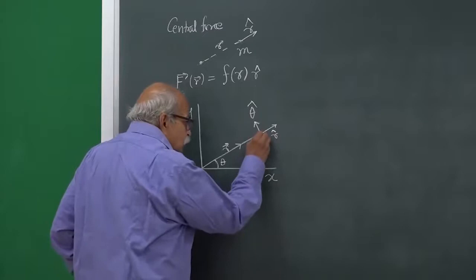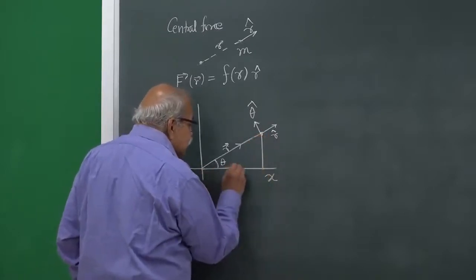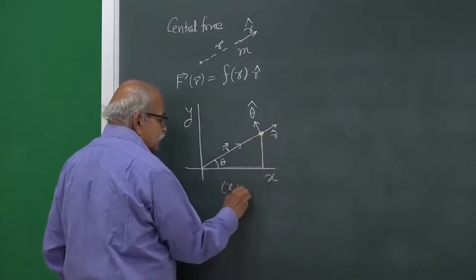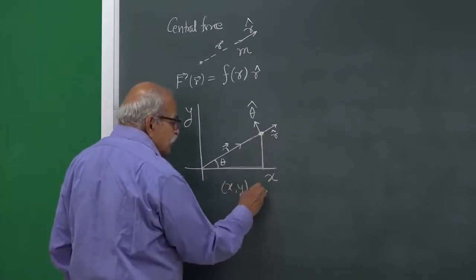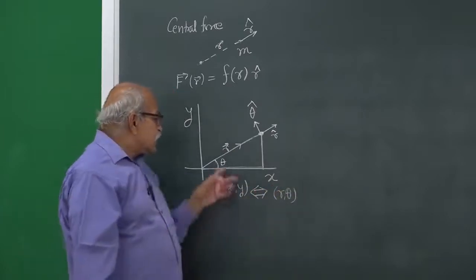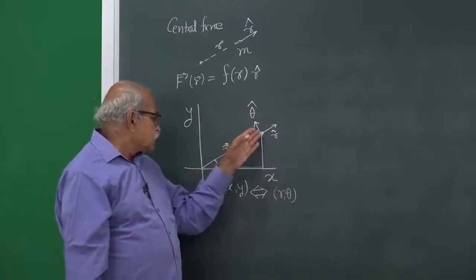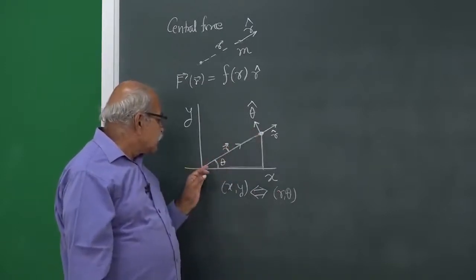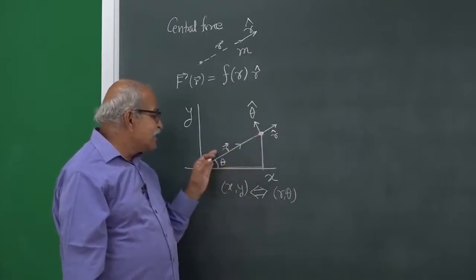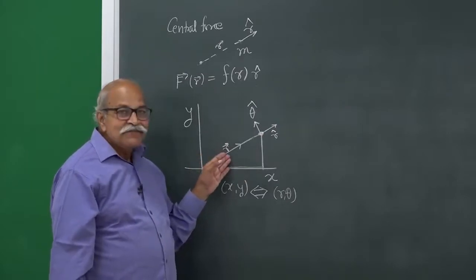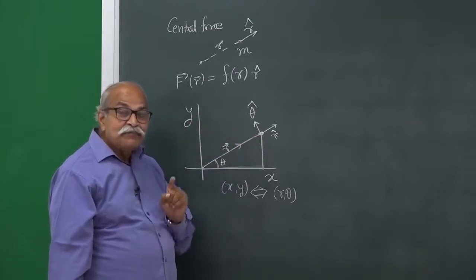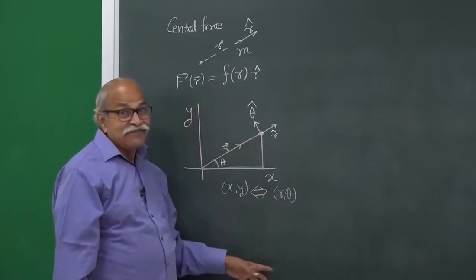If I drop a perpendicular here, this is x and this is y. To get the position, I can write what is x and what is y. I can also write what is r and what is theta. If someone says that it is at a distance of r from the origin, and this line makes angle theta with the x axis, that also tells me that the particle is here, provided the particle remains in this xy plane.